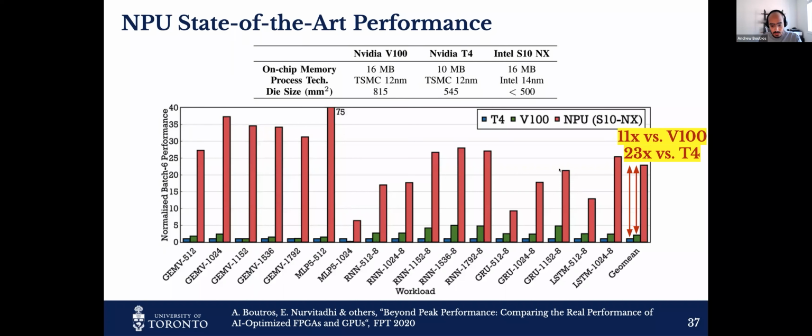And this is showing the performance across different benchmarks of MLPs, RNNs, GRUs, and LSTMs. And we show that the NPU on Stratix 10 NX can get about an order of magnitude better performance than those AI optimized GPUs, and a similar benefit in terms of energy efficiency. So this is just for the compute kernels, but if you're interested, you can check out the paper.